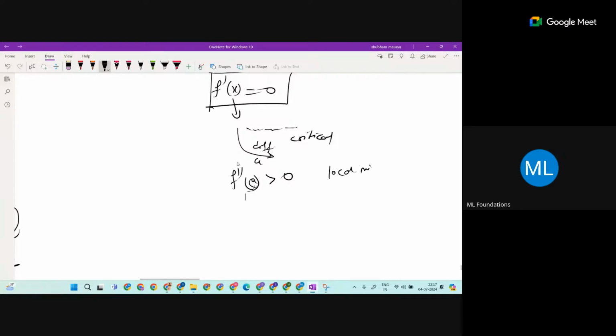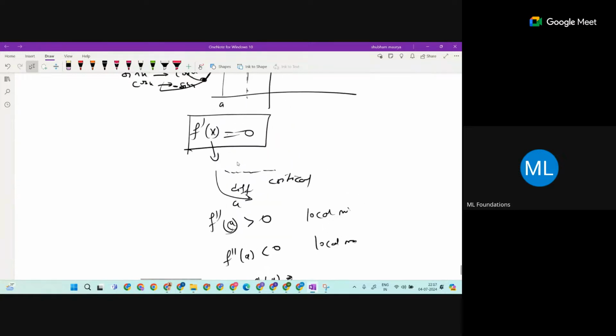If the double derivative at a is less than 0, then there is a local maxima. And if it is equal to 0, then we have to do further analysis, but such a problem may not be asked. So, less than 0 is local maxima, greater than 0 is local minima.